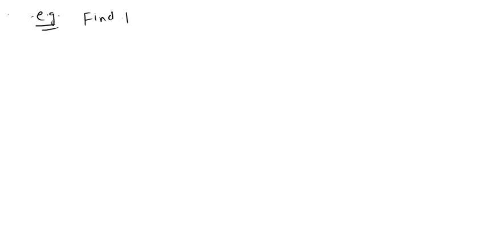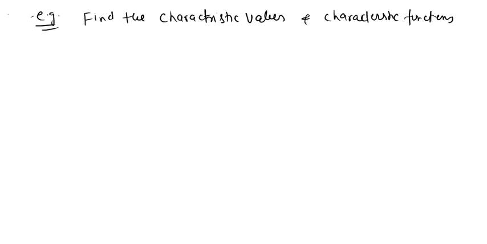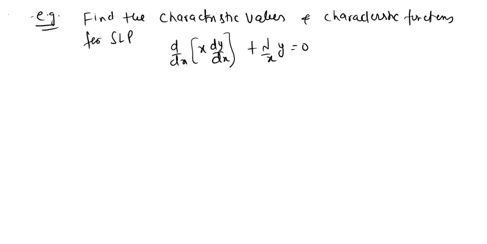The question is the same: find the eigenvalues, or we say characteristic values, and the corresponding characteristic functions, that is eigenfunctions, for the Sturm-Liouville problem d by dx of x dy by dx plus lambda by x times y equal to 0, with boundary conditions y dash 1 is 0 and y dash e power 2 pi is 0, and lambda is non-negative.